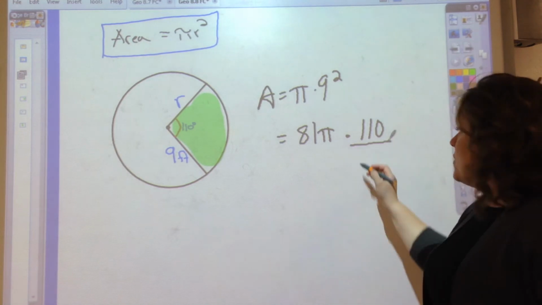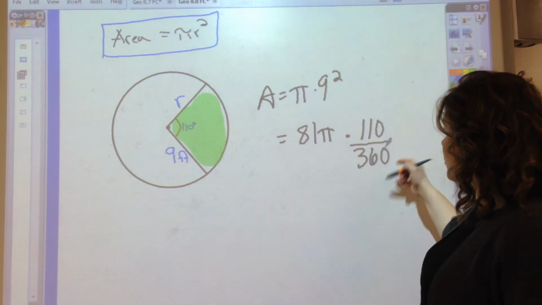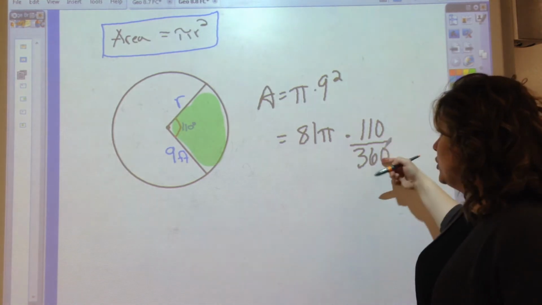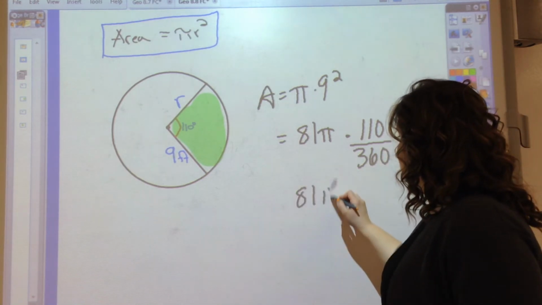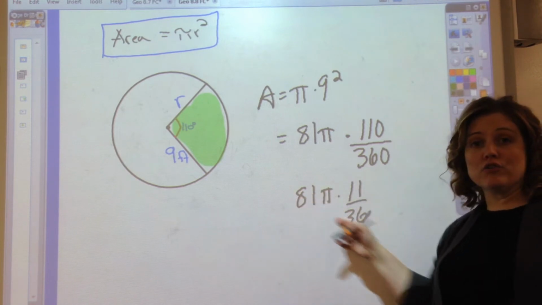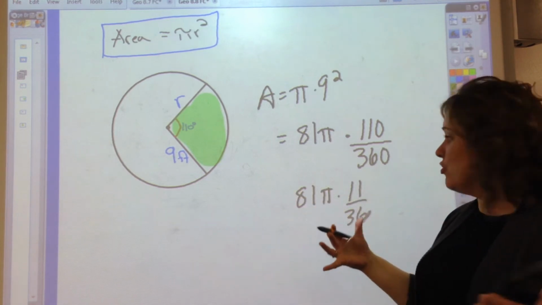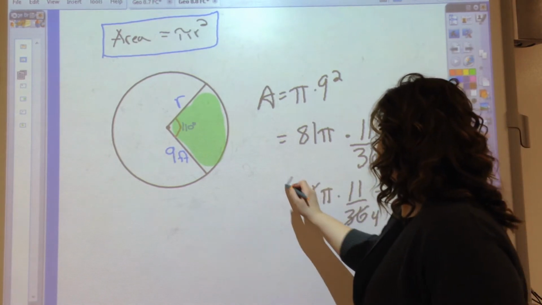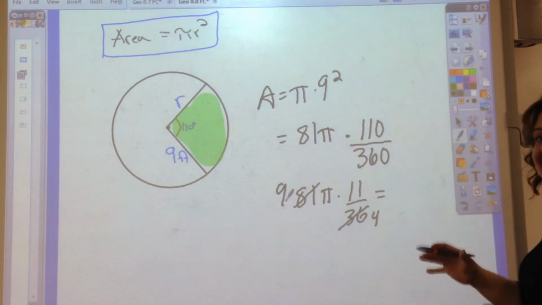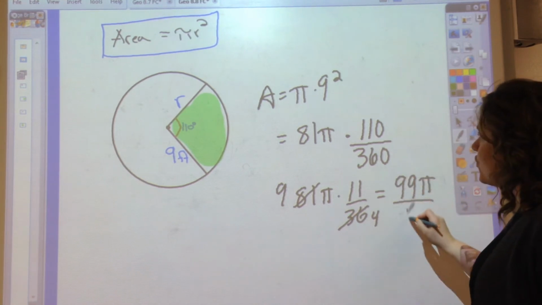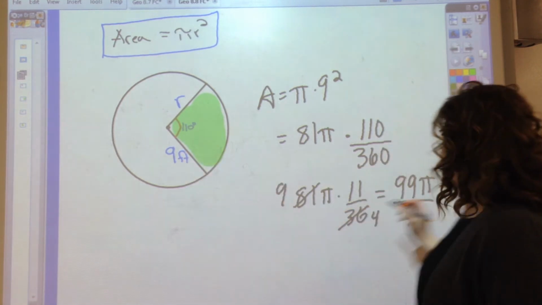So I'm going to divide that by how many degrees are in the whole circle, and this is the ratio of the circle I actually want. Here I could reduce, and I get 11 over 36. Here I could cross cancel. 9 goes into both. 9 goes in here 4 times, 9 goes in here 9 times, and my exact solution is 99 pi over 4 feet squared.